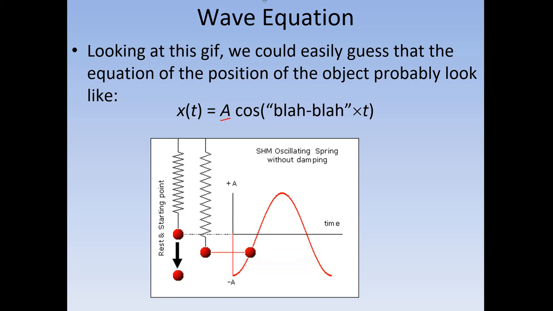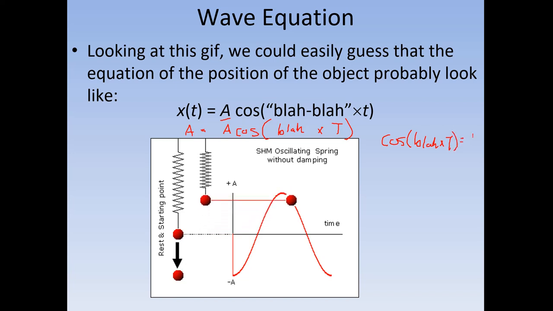One way to think about it is, for the period, when the time reaches the period, my position should also equal the amplitude, because as we can see here, if I start at negative A, I get back to negative A. So that means that I need this cosine blah times t to equal 1.